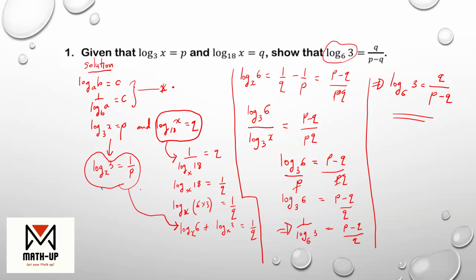Then this other side, we are having the opposite. We are having 1 over log of x 18 is equal to q. Can we make this other side the same as this side by saying 1 over log of x 3 is equal to p? Can it also work? Yes, we can. And I just skipped that step, but that's what it is, essentially.